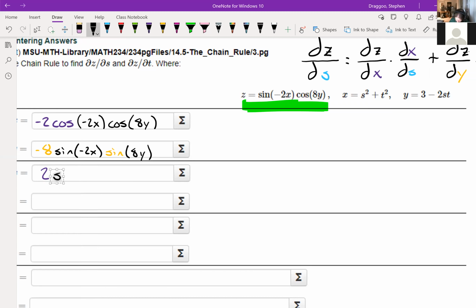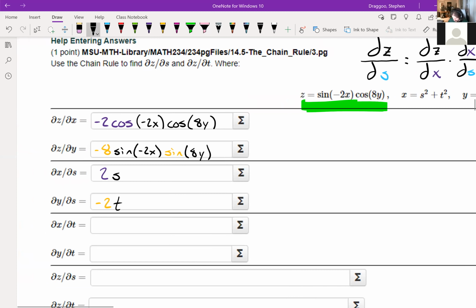Let's not make this overly complicated. There, yeah, negative 2s versus negative 2t. If I take derivatives with respect to x and y. So now in the end, I just got to take these couple things and replace x and y in there.